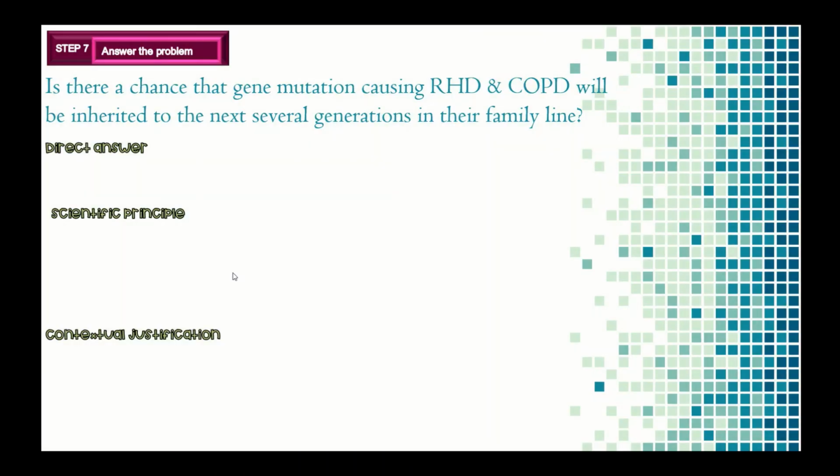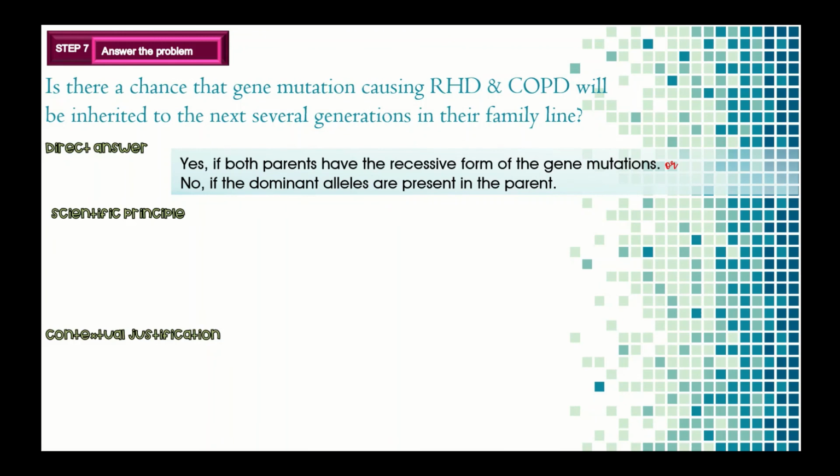Last question, is there a chance that the gene mutation causing RHD and COPD will be inherited to the next several generations in their family line? Well, there are two possible answers for this, depending on which genotype you are looking at.